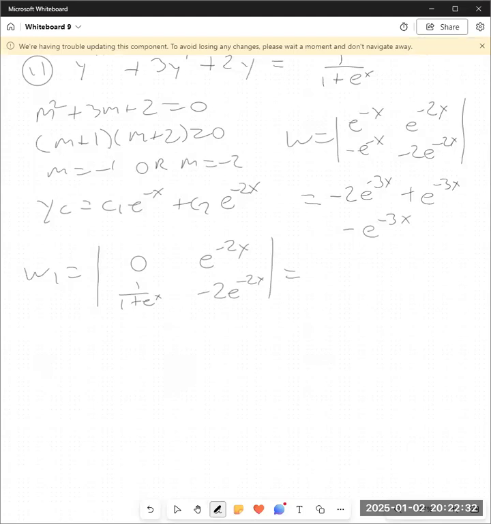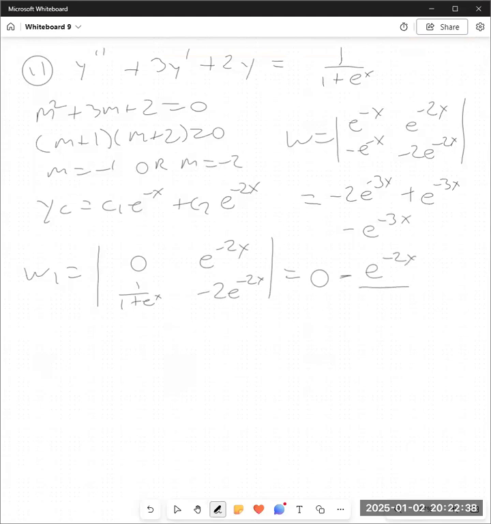That is going to be 0 minus e to the negative 2x over 1 plus e to the x, like so, a negative e to the negative 2x over 1 plus e to the x. u1 prime is W1 over W, which is negative e to the negative 2x over 1 plus e to the x times 1 over negative e to the negative 3x.